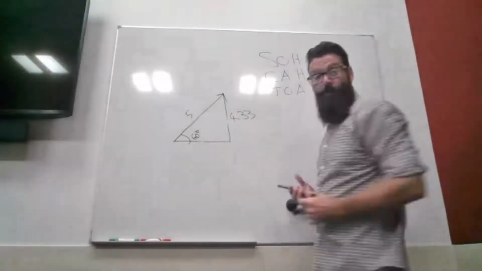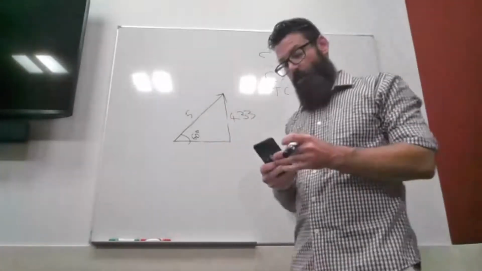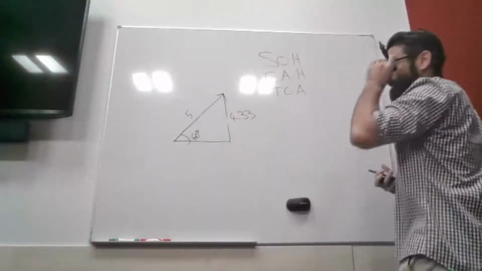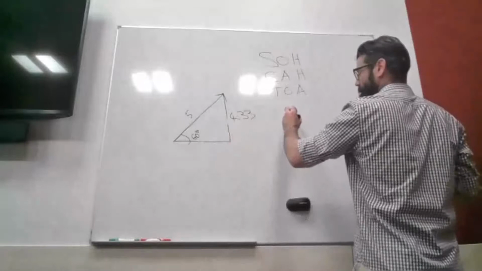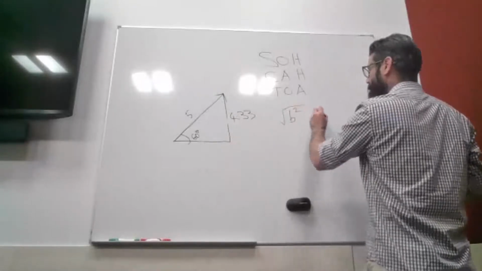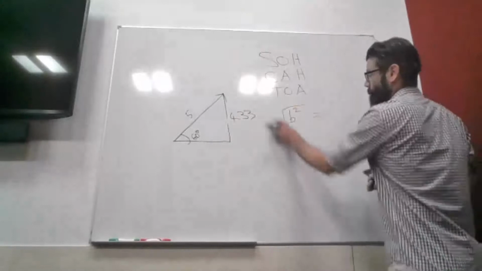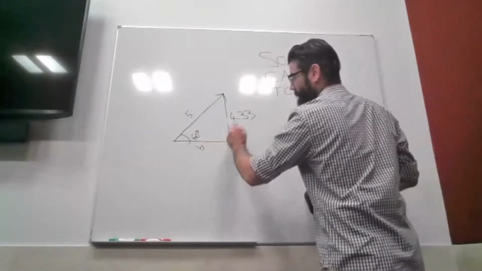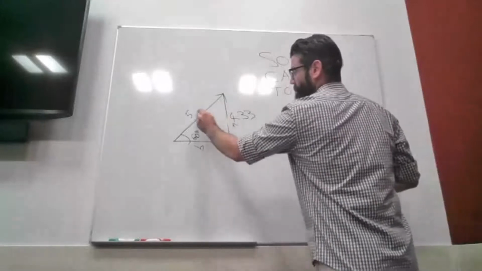Now I need to find the value of the third side, and then I have my whole triangle. So I use Pythagoras' theorem for that. I have my hypotenuse, I have that side, I need to work out this side. I'm calling this side b, this side a, and this side c.